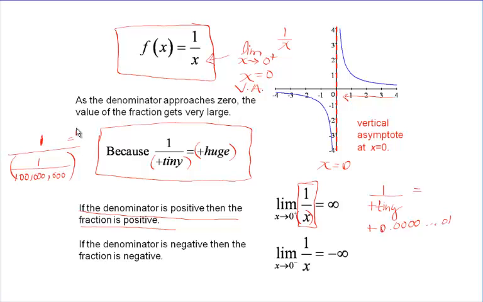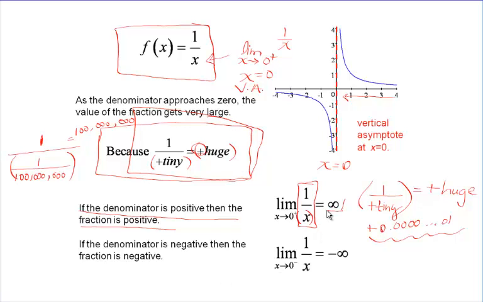That's going to give me 100 million. That's a pretty big number. So if I'm super tiny, an infinitely tiny number, that's going to give me a huge output on that fraction. And that's where this comes from, because 1 over positive tiny gives me positive huge.